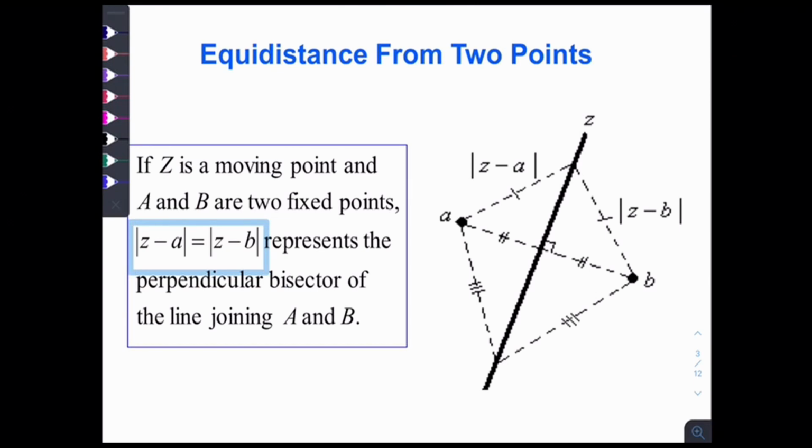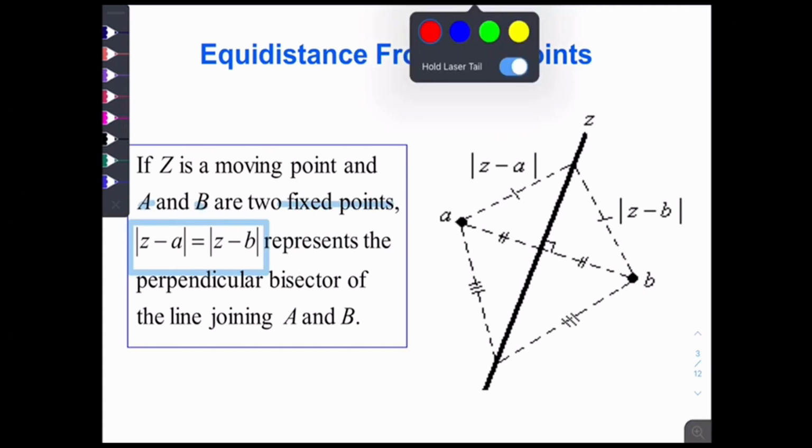This equation means the distance between the point z, which is the locus or the moving point, and a is equal to the distance between z and b, where a and b are 2 fixed points.